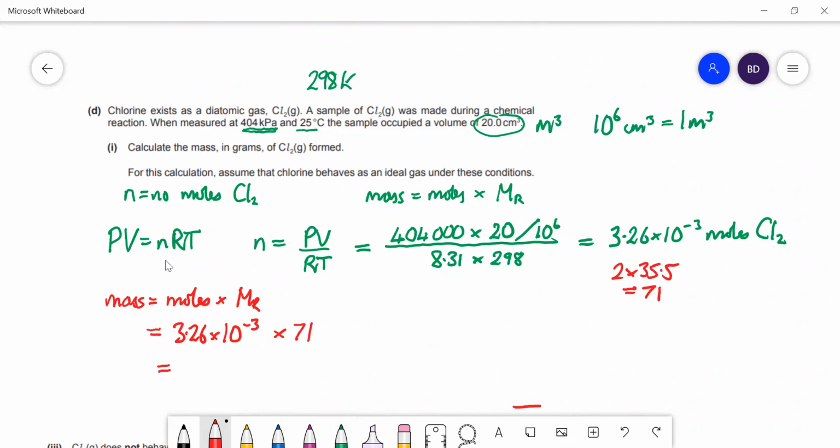That gives us 0.232 grams. I'm going to give it to 2 significant figures because that's the least accurate bit of data, only given to 2 figures, so let's put 0.23 grams. That is our answer there.